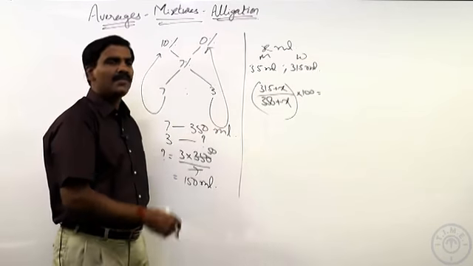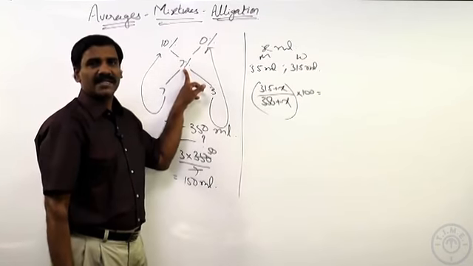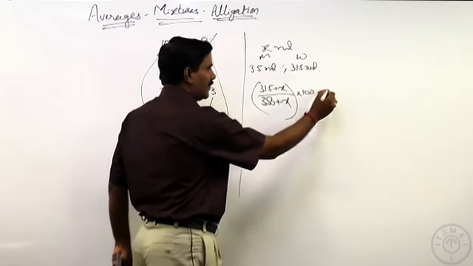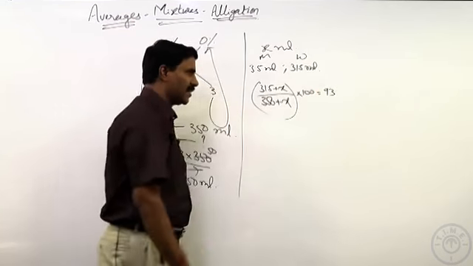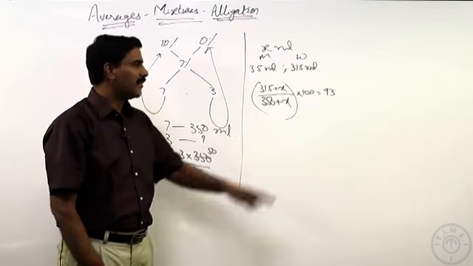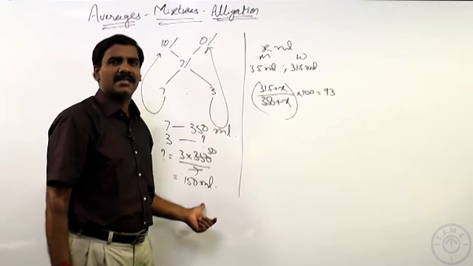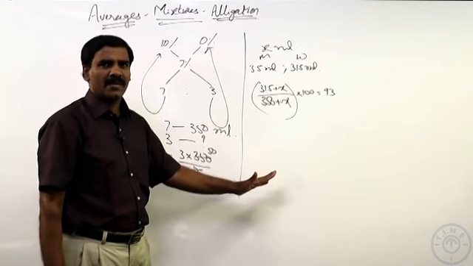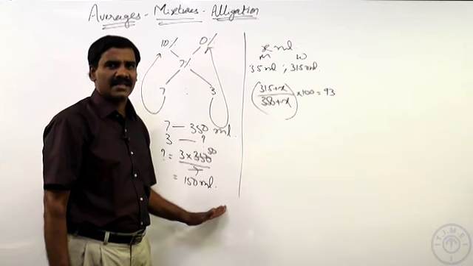And we know at the end we need 7% milk, which means the balance 93% should be water. This is how we have to go for the calculation. Cross multiplication and simplification will definitely take so much time. Instead, the alligation rule gives the answer at a faster rate. So the alligation rule is one of the important points to keep in mind to answer questions at a faster rate.